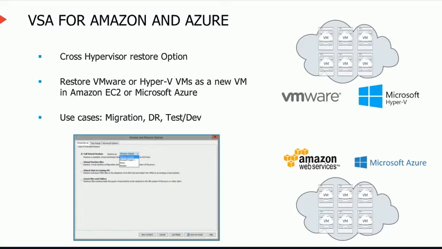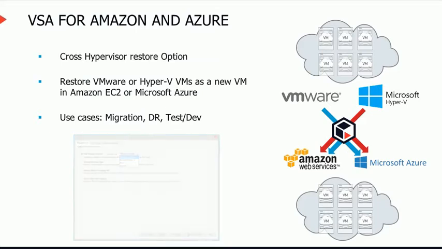As customers begin their journey to the cloud, CommVault has developed a virtual machine conversion mechanism that can recover both VMware and Hyper-V VMs to Microsoft Azure or Amazon instances in the cloud. This enables customers to migrate workloads, provide disaster recovery services, and spin up VMs for test and development purposes on demand.